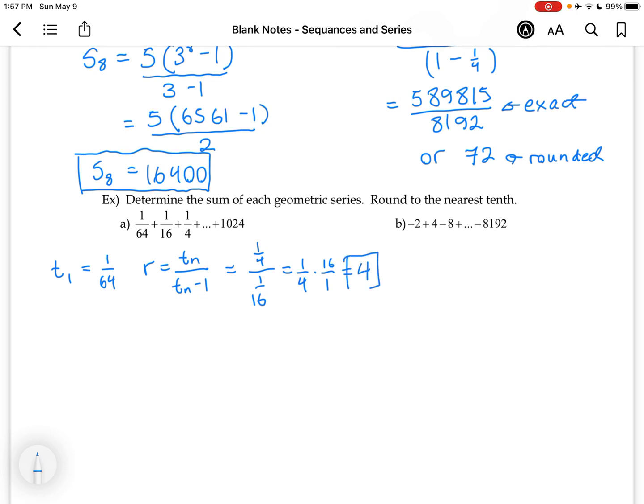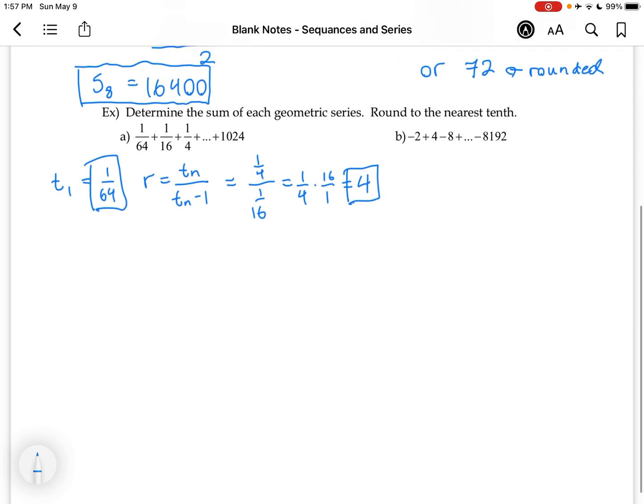So that's R. R is 4. T1 is 1 over 64. Now here we actually have to work with the sequence to figure out what n is, right? We know what Tn is, we know what T1 is, we know what R is. We actually know that Tn equals 1024, and we want to know what n is.